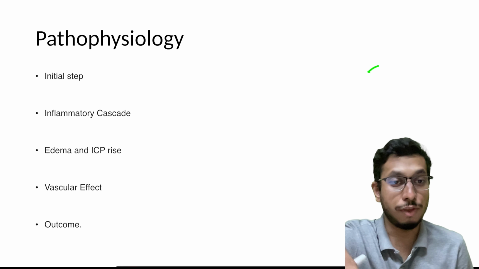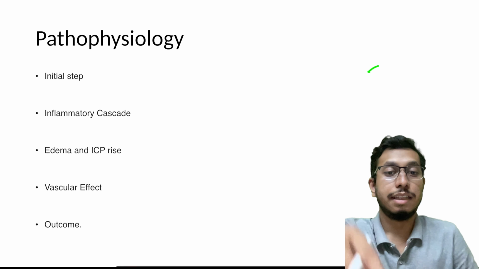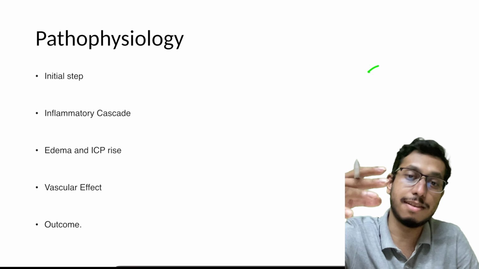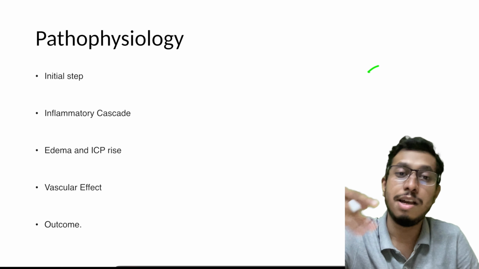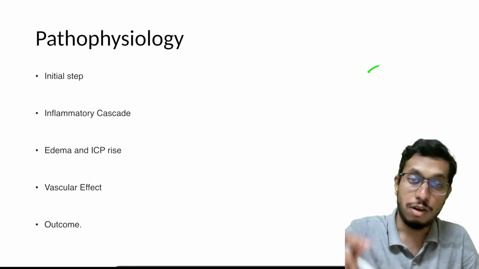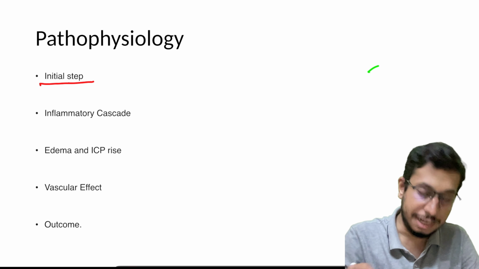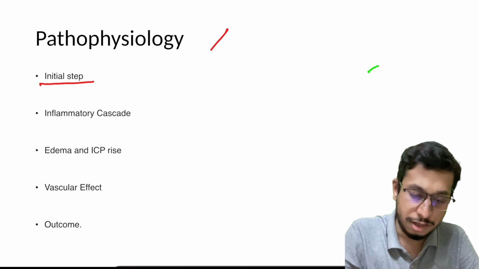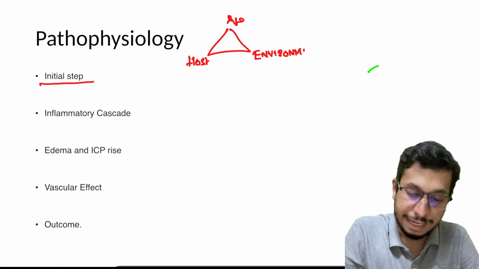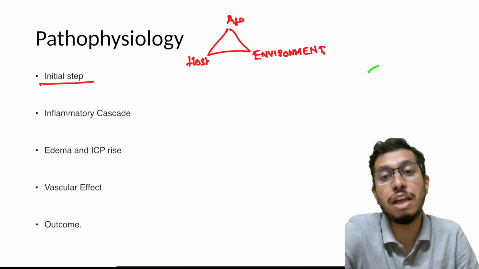So, coming to the pathophysiology of it, the thing that I would like to discuss here is how these different etiological organisms lead to the disease process in the patient. Okay, so remember there is some initial triggering event, and agent, host, and environment interplay which leads to the disease process.